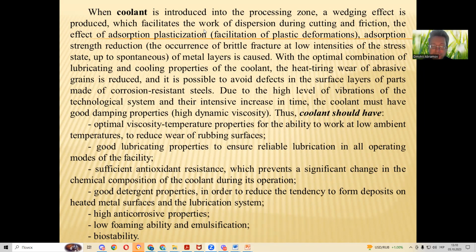Optimal viscosity-temperature properties for the ability to work at low ambient temperature to reduce wear of rubbing surfaces. Good lubricating properties to ensure reliable lubrication in all operating modes of the facility.